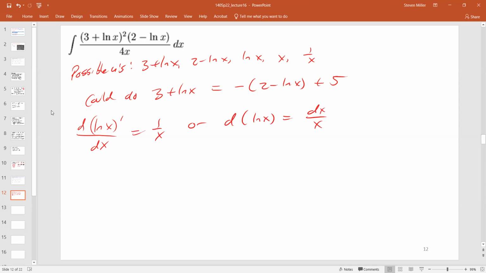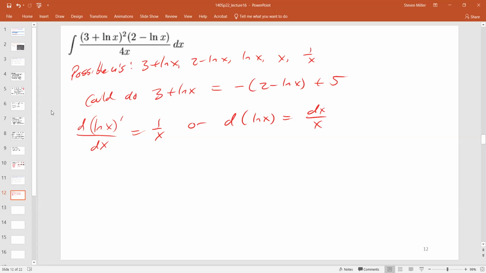Yeah, because we've got ln of x appearing in many places. And this way I don't really show favorites between the 3 plus ln x and the 2 minus ln x. Well, I can get around it. But it's nice not to show favorites. But I have a dx over x. And whenever you have a ln x, if you want to integrate a power of ln x, you want to have a 1 over x by it.